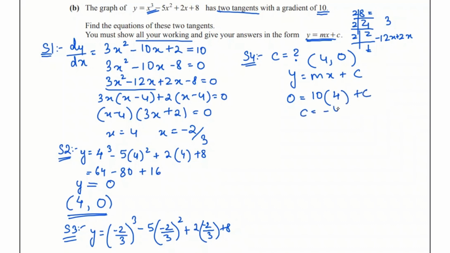Therefore c is equals to minus 40. Step 5. So we have the values. M is 10, C is minus 40.